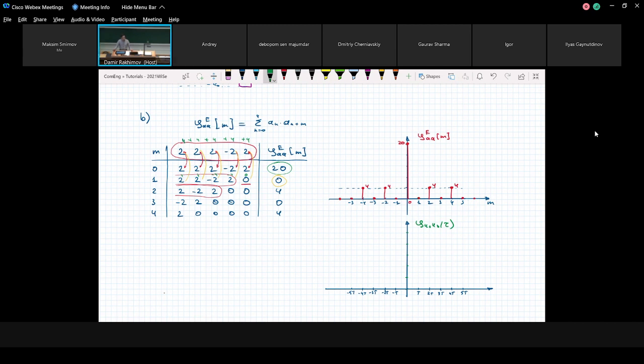Why should we get negative values? In general, it's possible, but not for this example. For this specific example, we don't have all values positive. But you can check it.